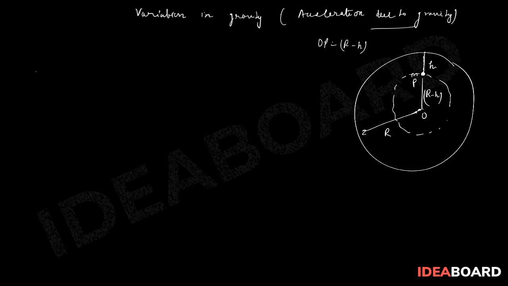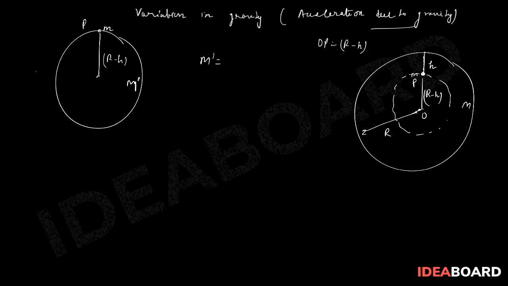So this time if I talk about the particle at this point P, and the total mass of this earth was M, this time the enclosed mass will be M dash. So the first task is to calculate the value of M dash. So now this is the enclosed volume.